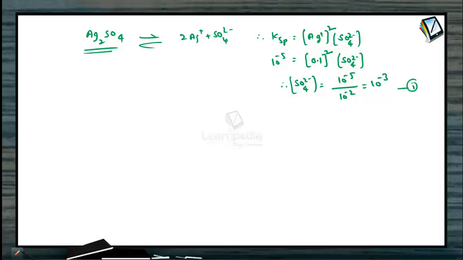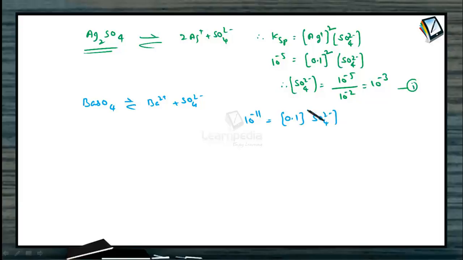So that is the first. Then for barium sulfate, BaSO4, it is simply AB type of salt. Therefore, Ba2+ into SO4 2-, KSP of barium sulfate is given how much? 10 to the power of minus 11. So 10 to the power of minus 11 is equal to Ba2+ concentration, that is how much? 0.1 given, into sulfate.